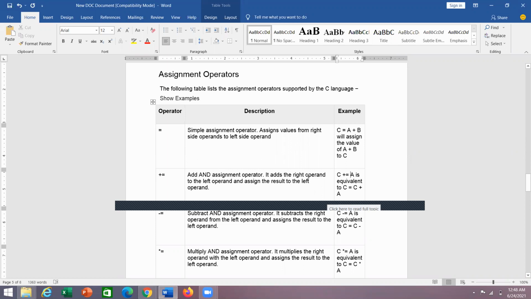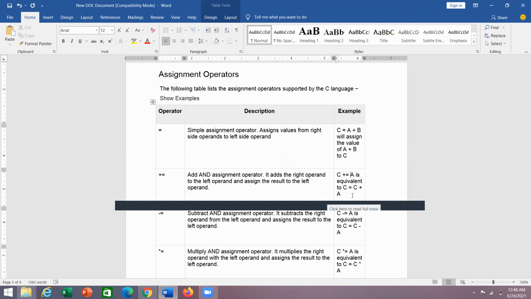It adds the right operand to the left operand. So see here, C plus equals A is equivalent to C is equal to C plus A. That means, for example, A value is already 5, and we can assign the value of A to C. So C is also 5.